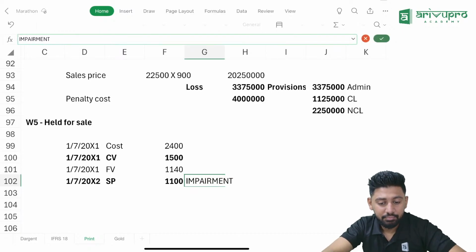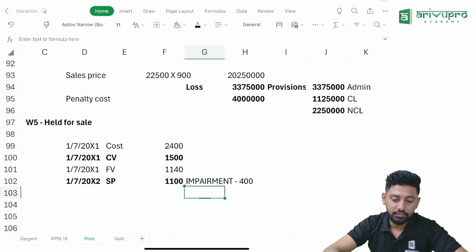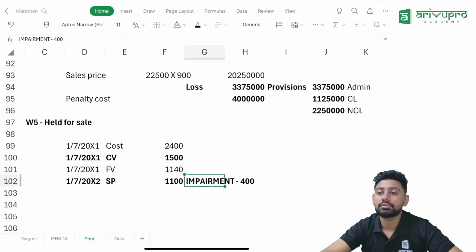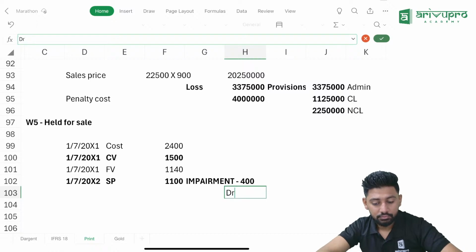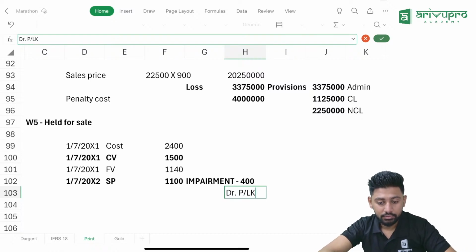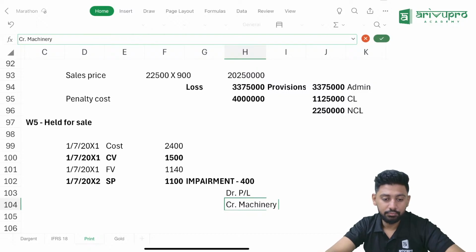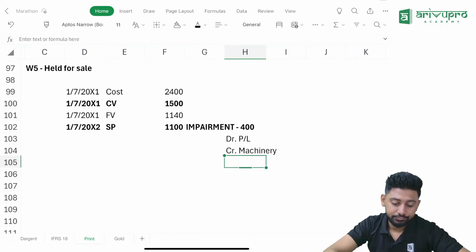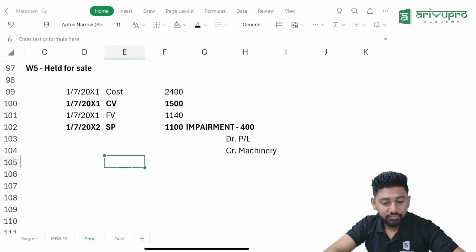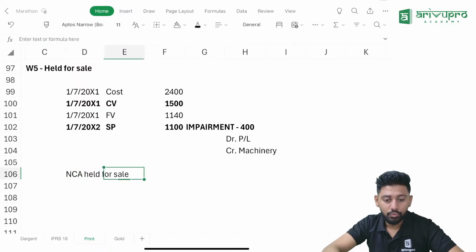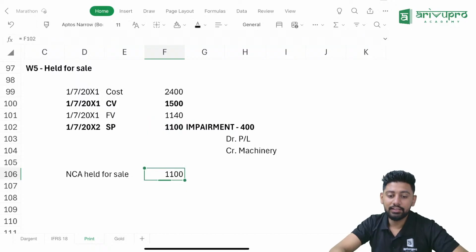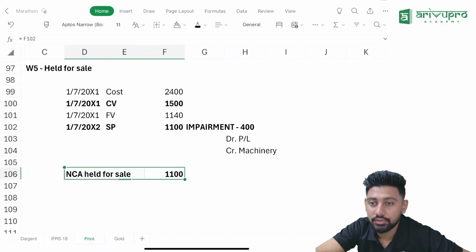There is impairment of how much? 400. There you go. Debit your P&L, credit your machinery. Are we clear? And then obviously you need to keep in mind after you do that, your non-current asset held for sale value will now become 1,400 at 30th of June 2012. Are we clear?